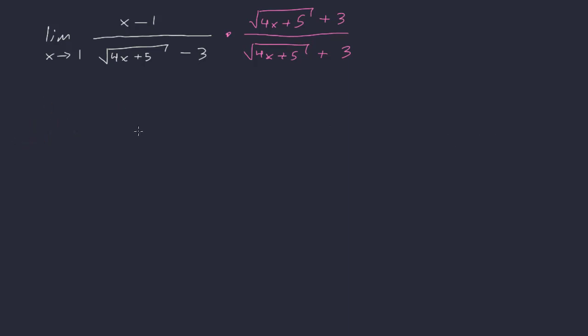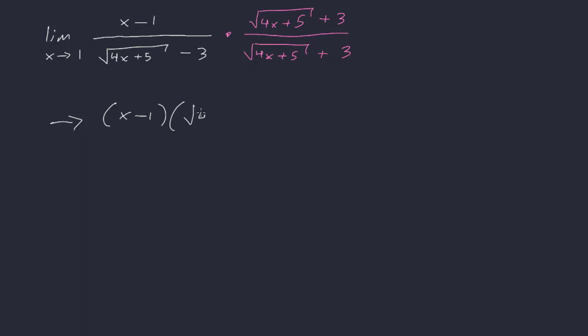Okay, so now we'll just start working through this. Now we don't have to do a lot of work foiling the bottom because we're just going to use the difference of squares idea, that an a minus b times an a plus b is an a squared minus b squared. And we're going to leave the top alone, right?